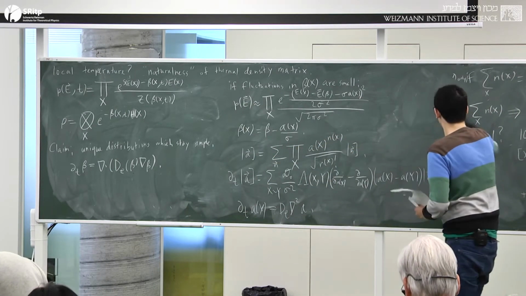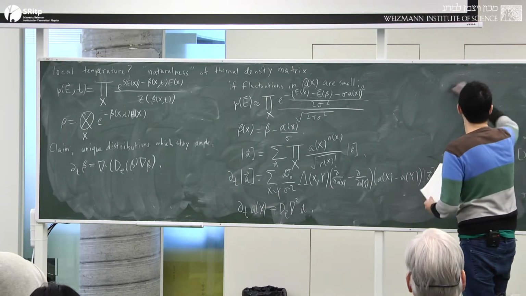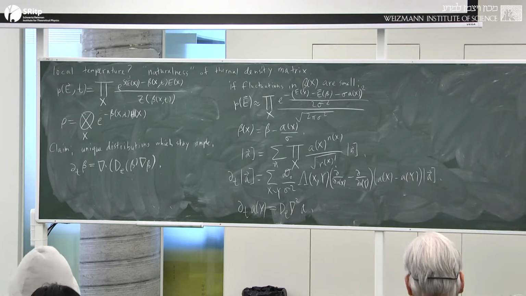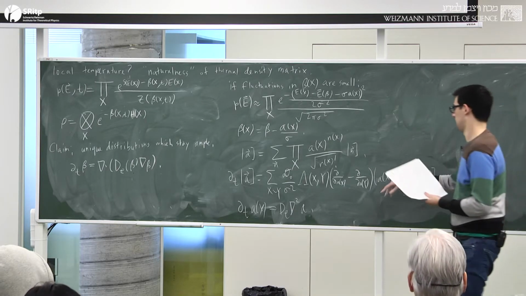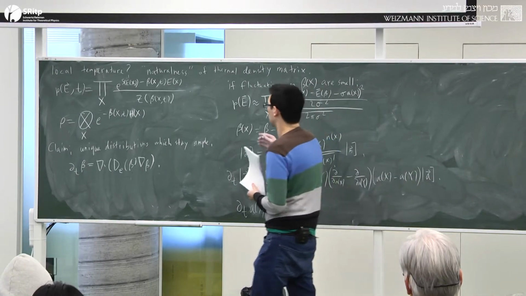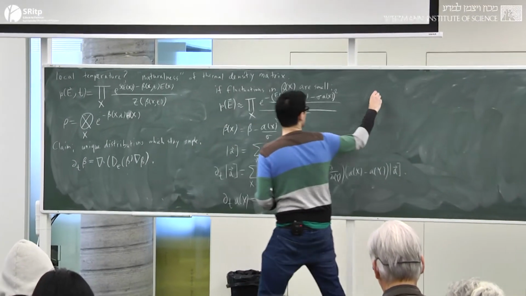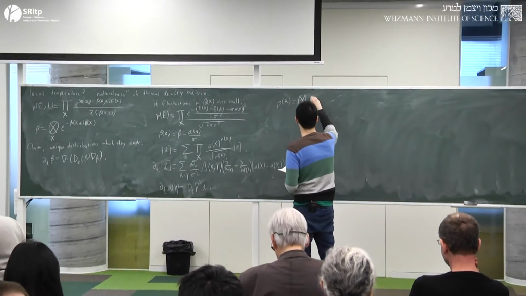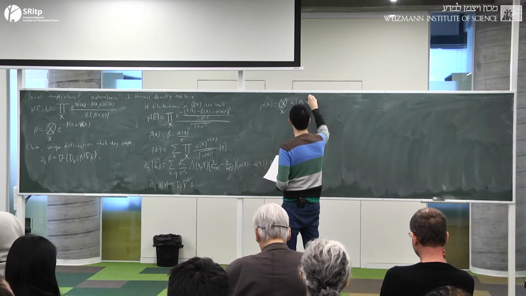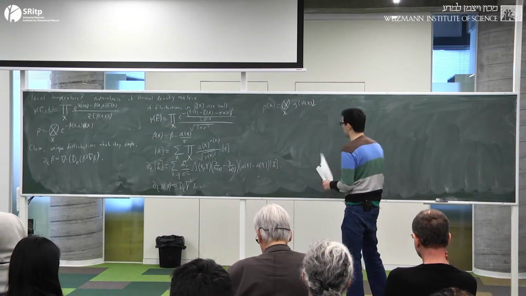Now, the other point that I want to emphasize is what happens if you didn't start with one of these simple locally thermal density matrices. Let's say I start with rho of x, which is some tensor product of some complicated function of the Hamiltonian on every site.